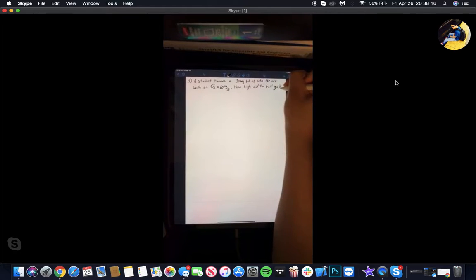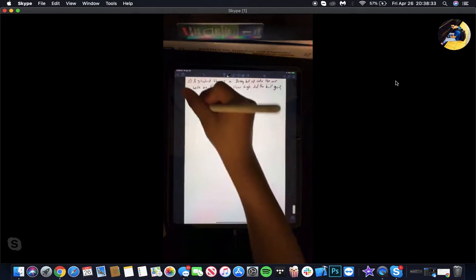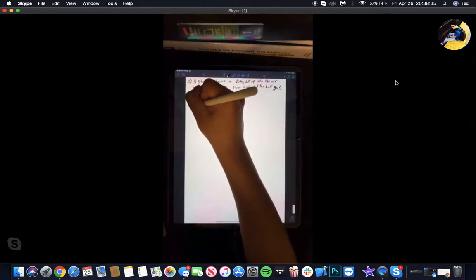The highest point, right? We're looking for the highest point. Is there energy involved in this? Yeah, there is. A student throws a 10-kilogram ball up into the air, so we could draw that out. The question doesn't say anything about energy, though.